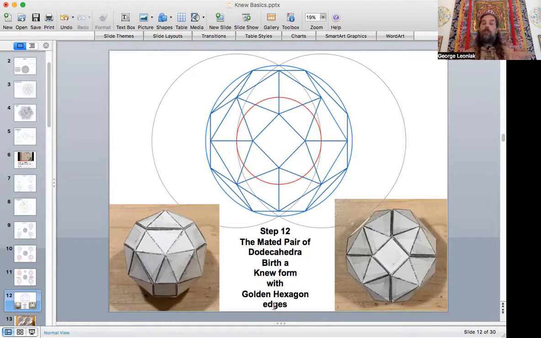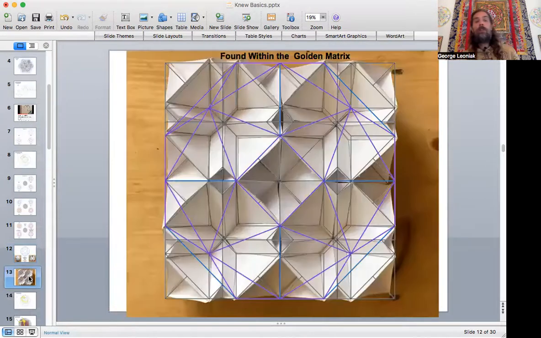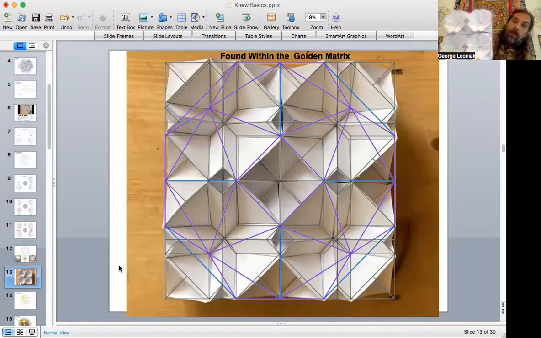So this is just a kind of neat form that came about last summer. I did this one before I even had the iPad and could check everything out very well. I saw that this was a possibility, but I had no idea that it was going to be found within my most recent megastructure here, which is the golden matrix, the cubic style version of this.